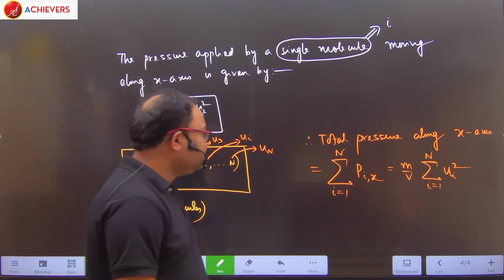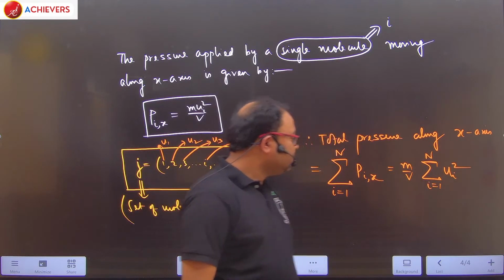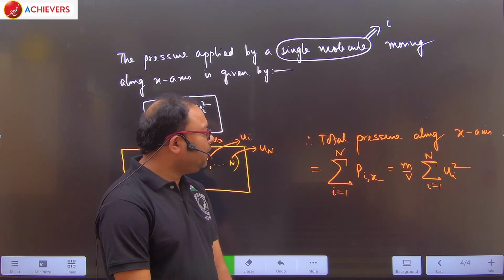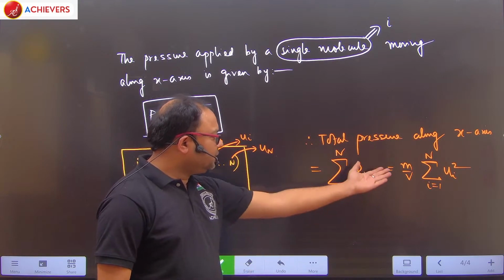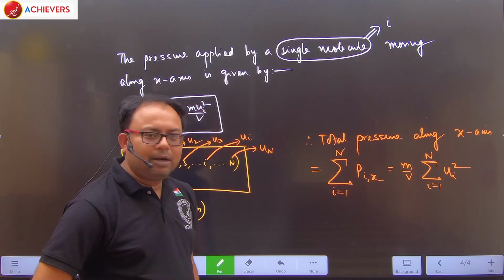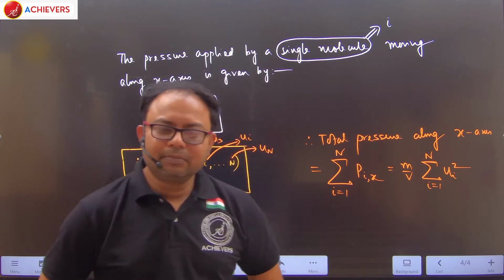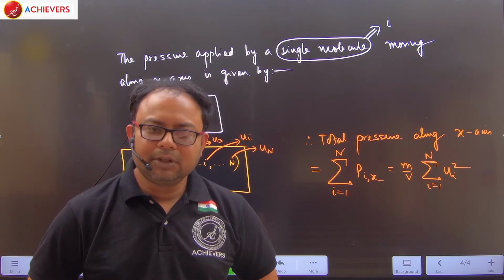So the pressure along the x-axis is given by this particular form.